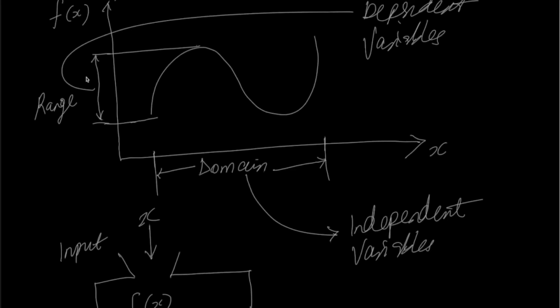So in essence, range is the difference between the lowest and the highest value. As you can see in this place, this is the lowest value and this is the highest value. So the difference between this lowest value and the highest value is what we call range. That is, if you want to define range in isolation.